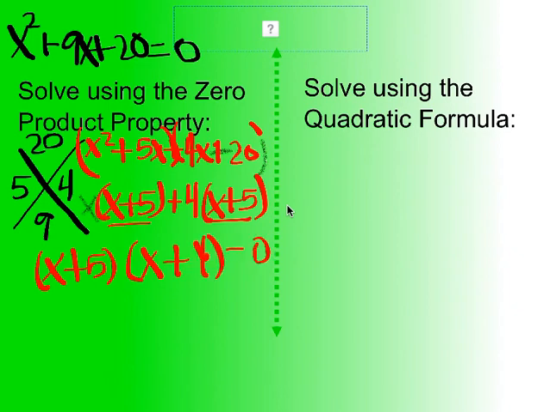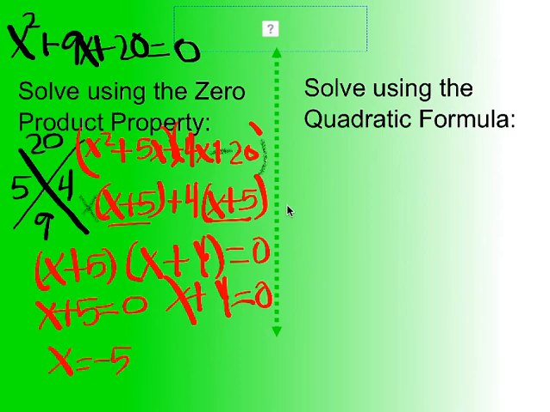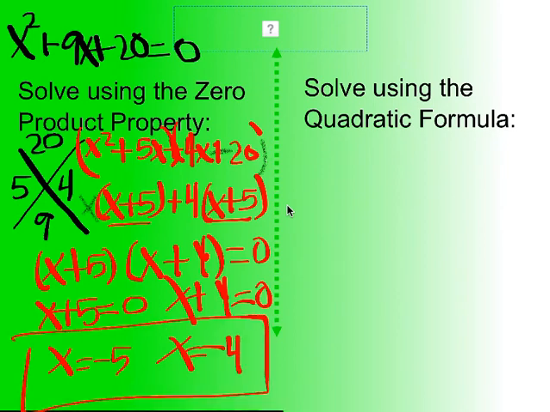Now that's going to be equal to 0. So what I'm going to do is set each of those factors equal to 0. Here, subtract 5 from both sides, and I get that x is equal to negative 5. Here, subtract 4 from both sides, and I get that x is equal to negative 4. So both of those are my answer.